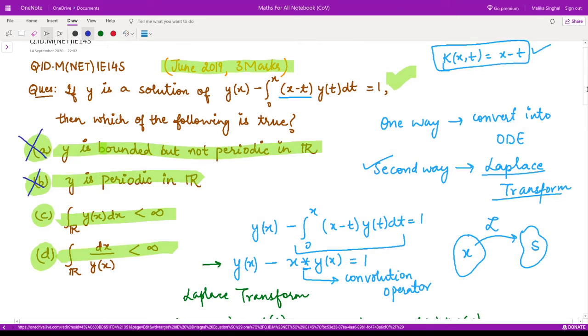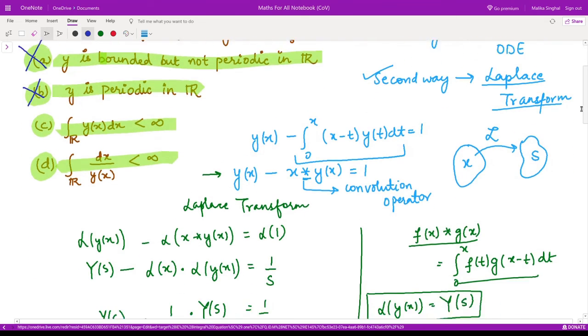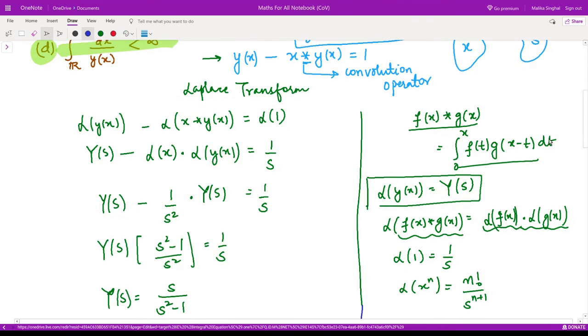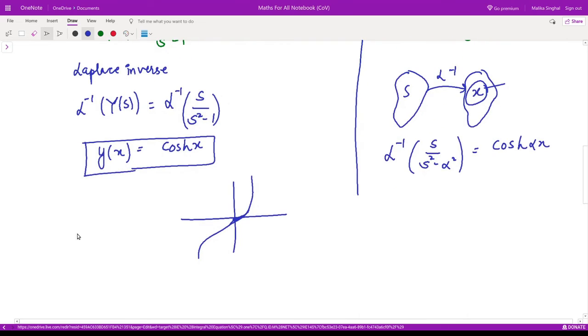Let us see the third option. What is that? Integration over the region R, y of x dx. This is the integration we have to perform. So let us do that. Integration over the region R, y of x dx, and what is our y of x?